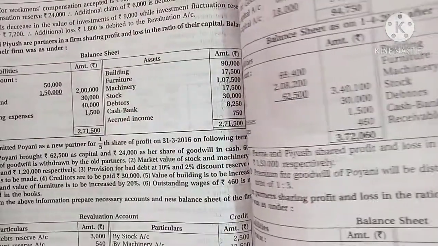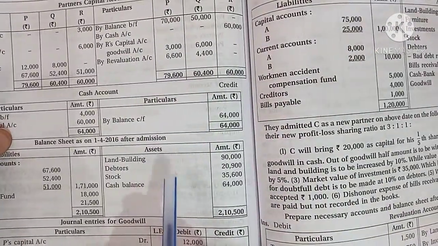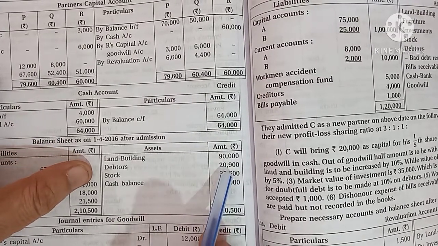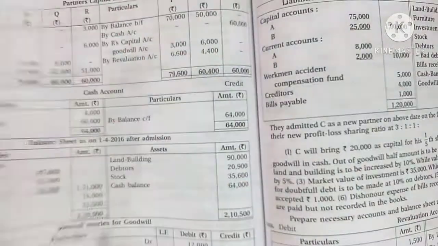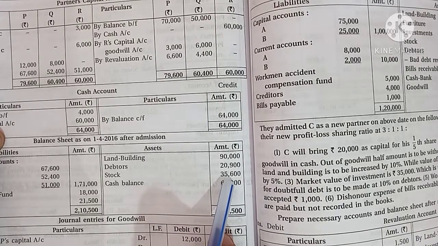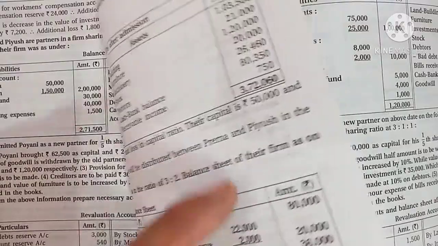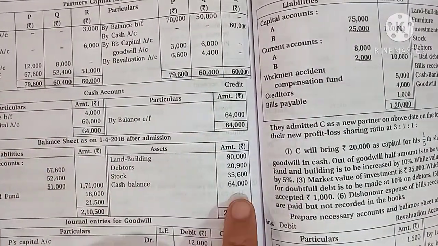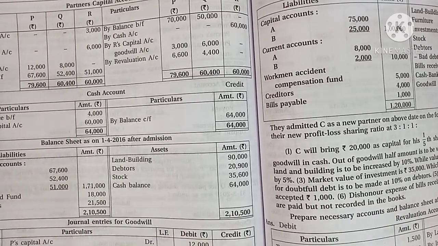Debtors were 22 minus 2, now 22 minus 1,100, that means 20,900. Stock is 36 minus 400, reduced by 400, so 35,600. Cash balance already got 64. So total is 2,10,500.